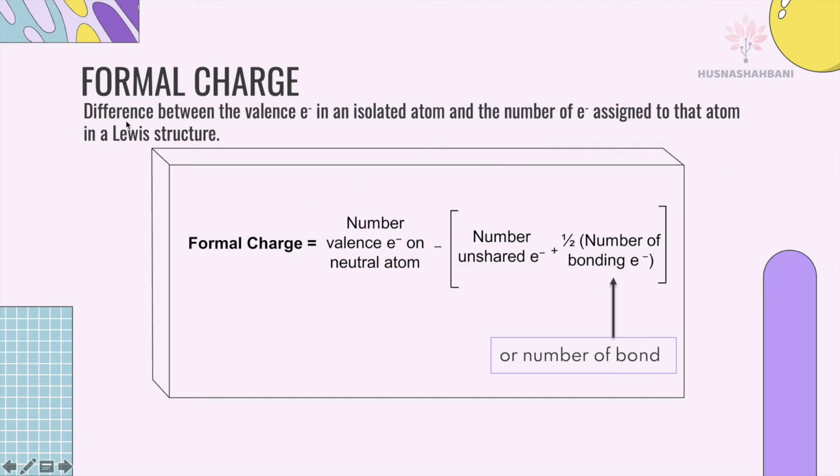So that's the formal charge: number of valence electrons on the neutral atom minus number of unshared electrons, meaning the electrons that are not involved in bonding, plus half of the number of the bonding electrons.